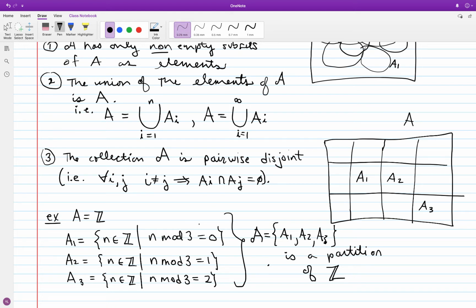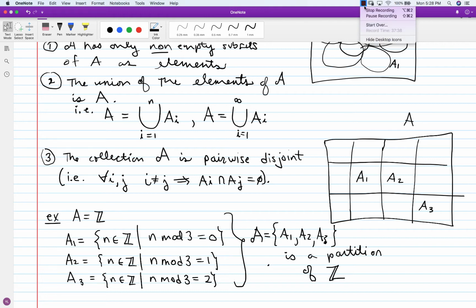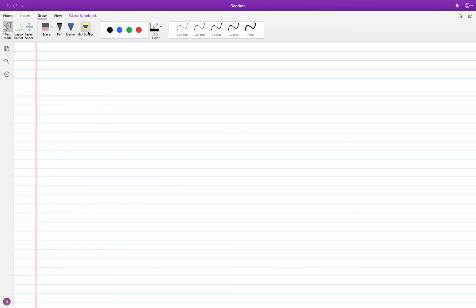And it's not just 3. You can similarly partition Z into 7 pieces by using mod 7. That's one of the most common partitions you'll see, and it shows up in math areas like algebra. But as I said before, partitions show up in all kinds of branches of mathematics.